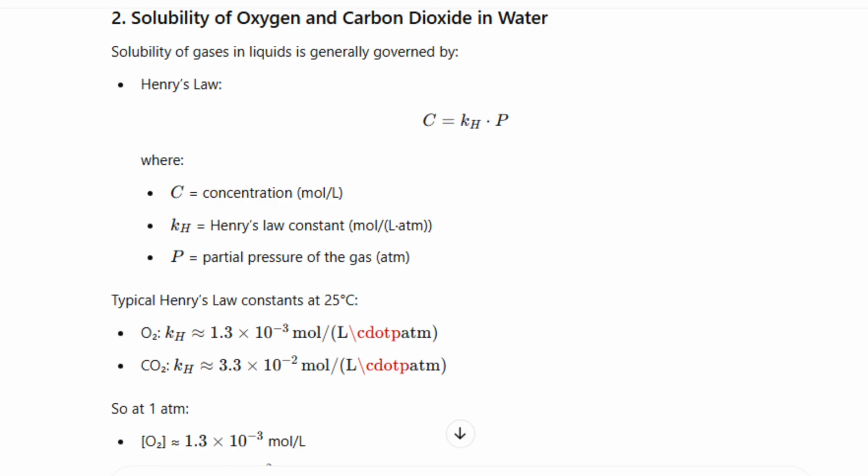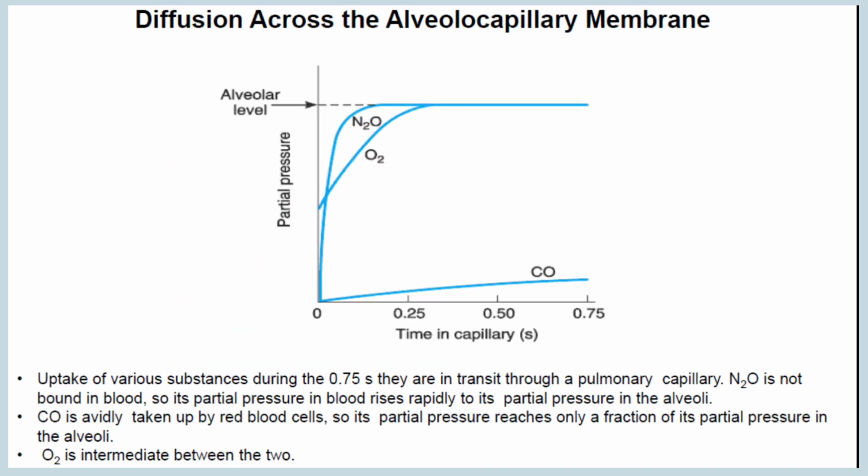From here you can see the calculated solubility of oxygen and carbon dioxide. So from this, it is clear that uptake of various substances occurs during the 0.75 seconds they are in transit through a pulmonary capillary.